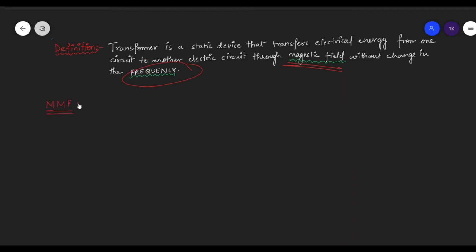As you all know, EMF is responsible for movement of current in a conductor.